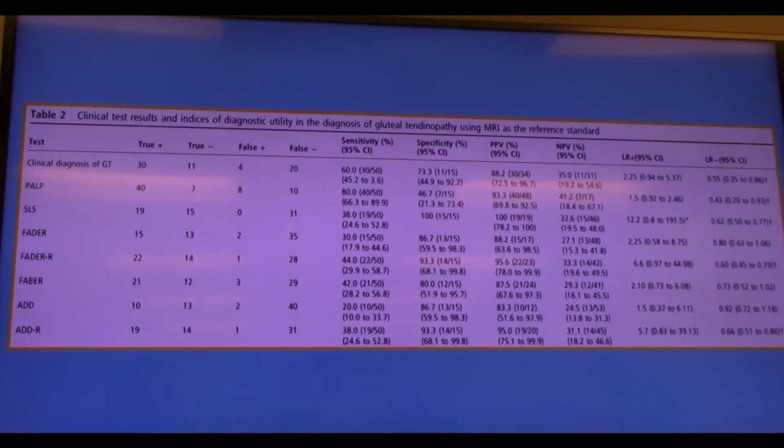Looking at all of the other tests beyond palpation, they had very high specificity. Single leg stance in this population had a specificity of 100%, so every single patient that tested positive with single leg stance had gluteal tendinopathy on MRI. However, there were 31 patients who were negative on that test who also had gluteal tendinopathy on MRI. If you look at the FABER and adduction tests versus the resisted versions, the positive predictive value, sensitivity, specificity and negative predictive value all increased.